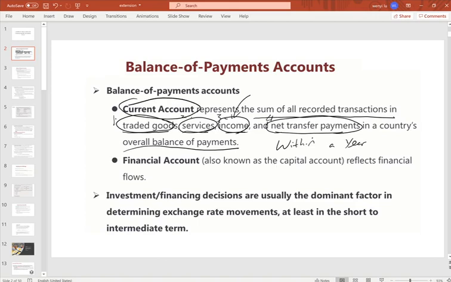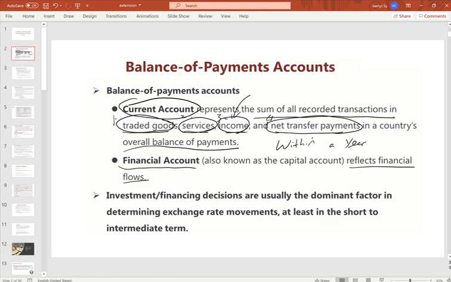Compared with the current account, we have the financial account, or you can say the capital account. The financial and capital account reflect financial flows. For example, if you purchase a stock from Japan and you get some return, this return will be reflected in the financial account.